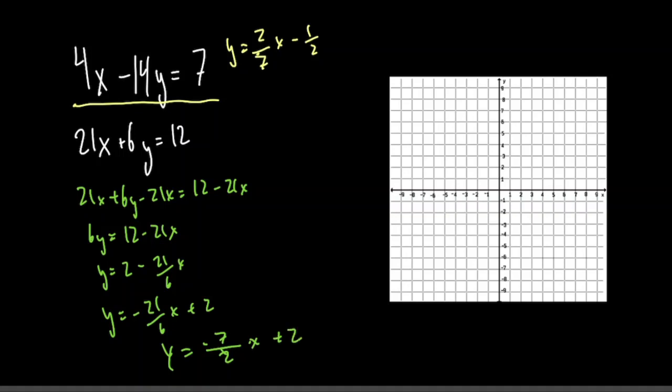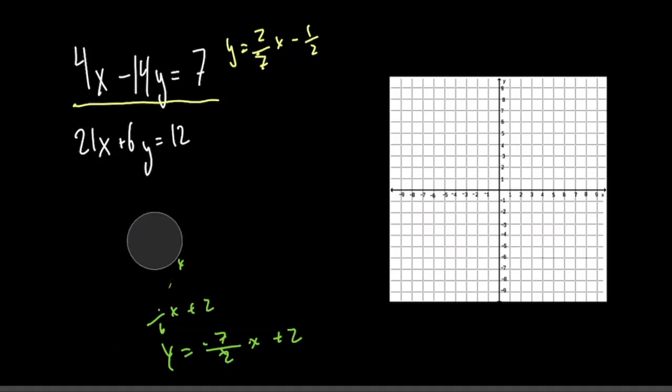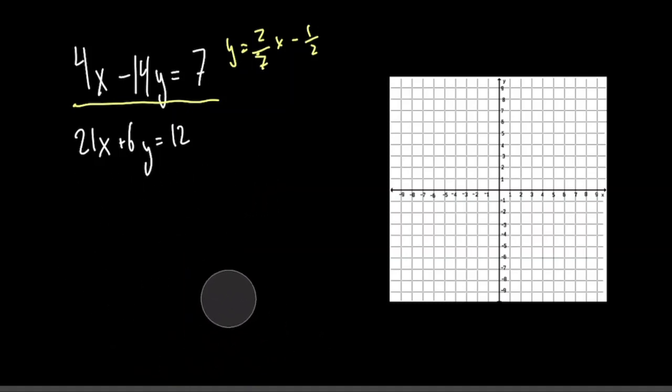This is going to be the equation of the new line. So I'm just going to erase this and move it up here. So we have y equals negative 7 over 2x plus 2, right?